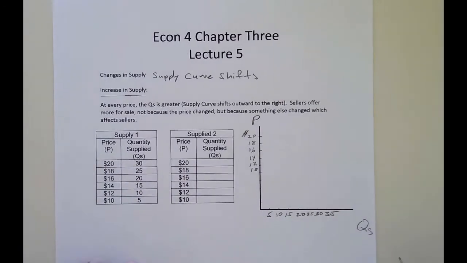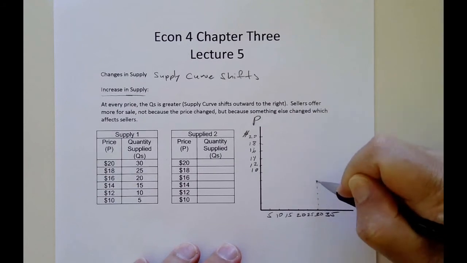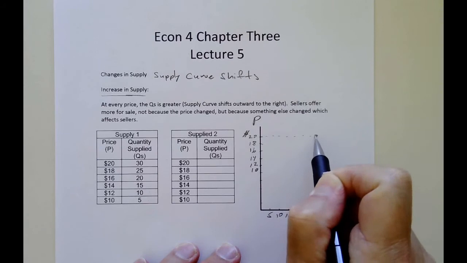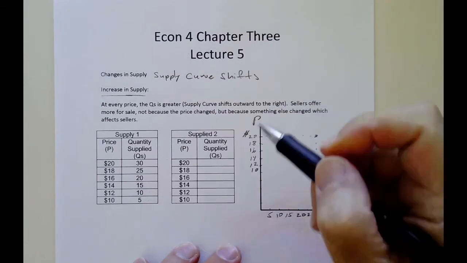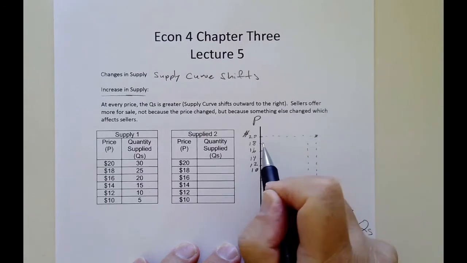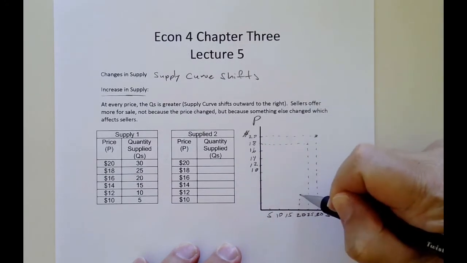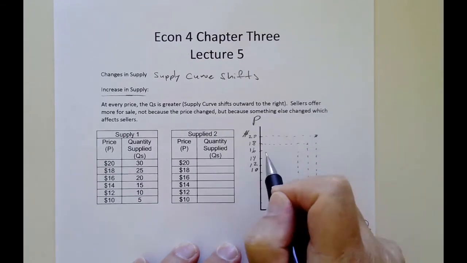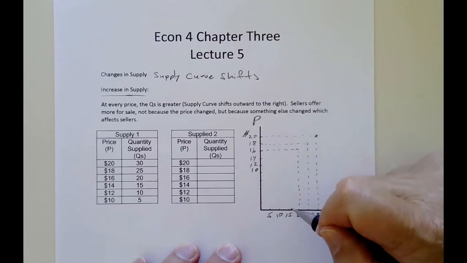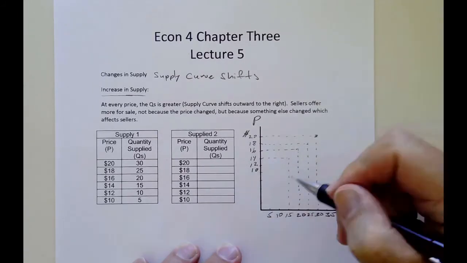And so at $20, quantity supplied is 30. And that would be about there. At $18, the quantity supplied is 25. $16, the quantity supplied is 20. $14, quantity supplied is 15. $12, quantity supplied is 10.